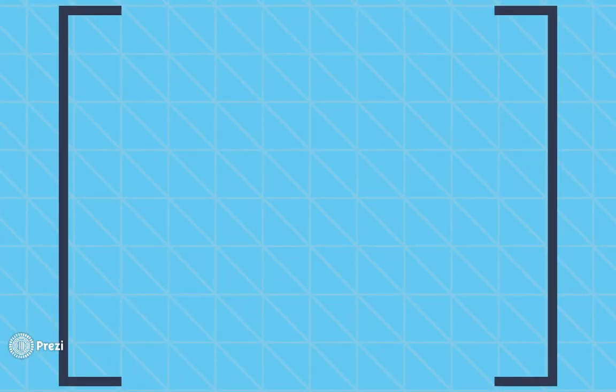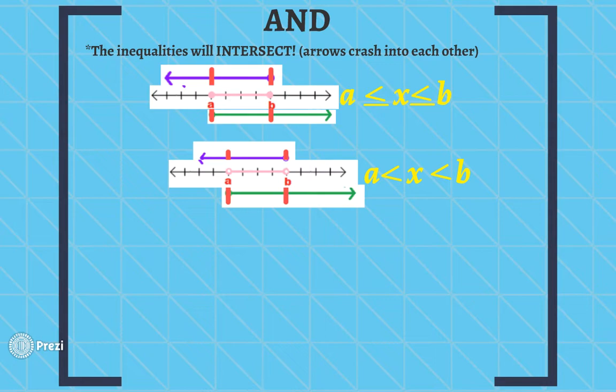You have two options. You have an and inequality, which is when our inequalities intersect, they collide. One heads left, one heads right, and they intersect. In an and inequality, our solution is everything in between the two numbers. You can get that with an equal to symbol or a not equal to symbol.